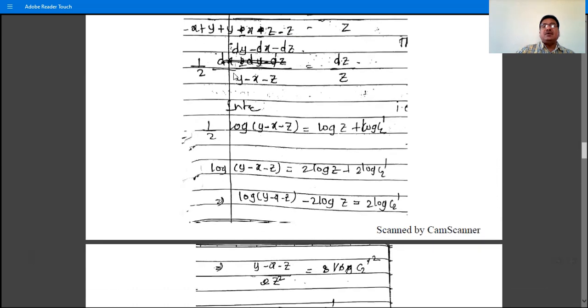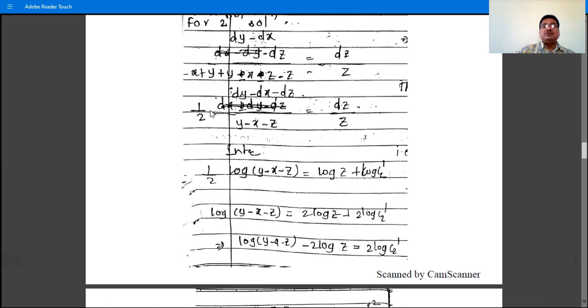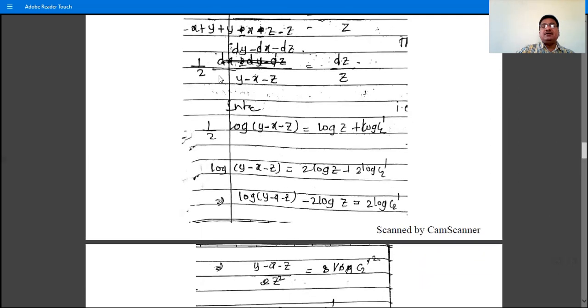We have y minus x minus z as the denominator, and it becomes 2 times, so take 2 as common, so we have y minus x minus z, and if we find the derivative of y minus x minus z, it is dy minus dx minus dz, and so integrating.